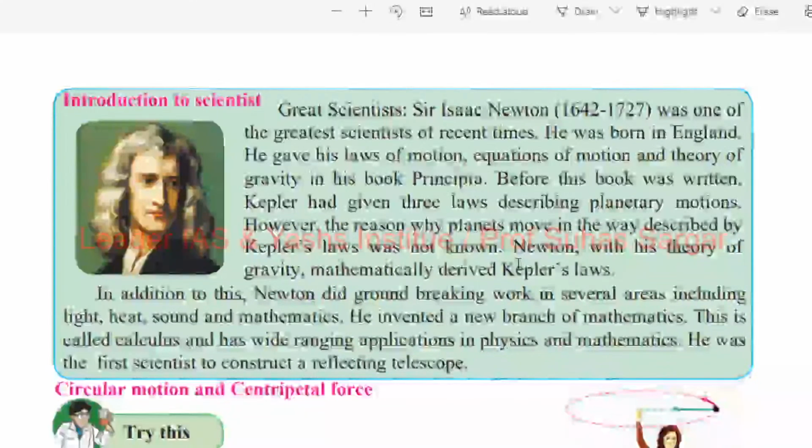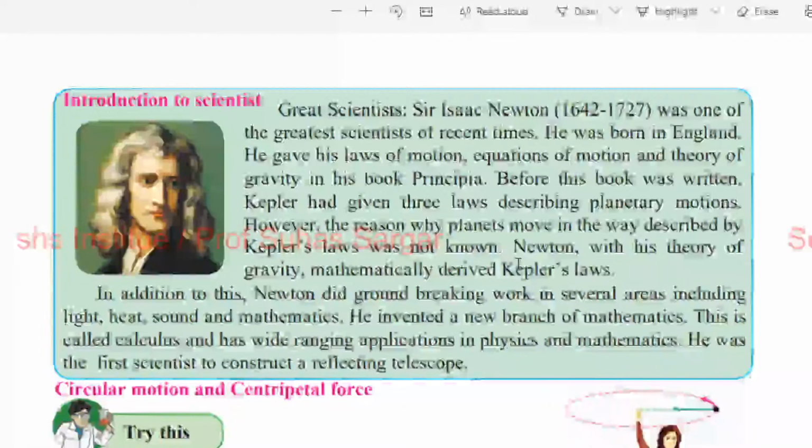Before this book was written, Kepler had given the three laws describing the planetary motion. However, the reason why the planets moved in the way described by Kepler's laws was not known. Newton, with his theory of gravity, mathematically derived Kepler's laws.